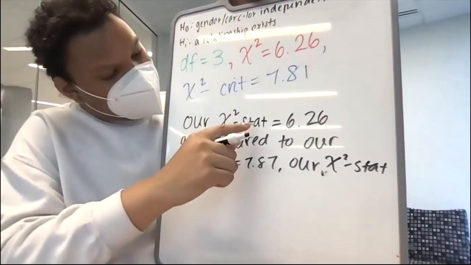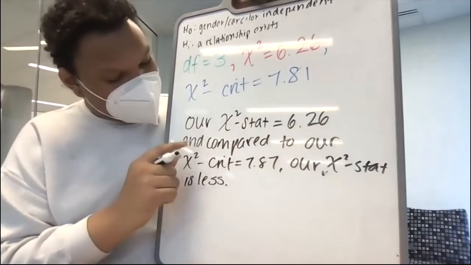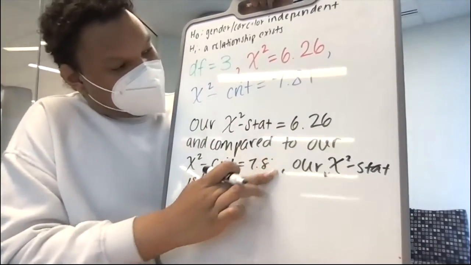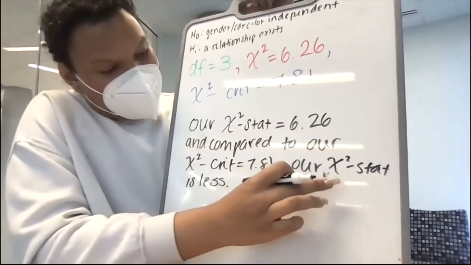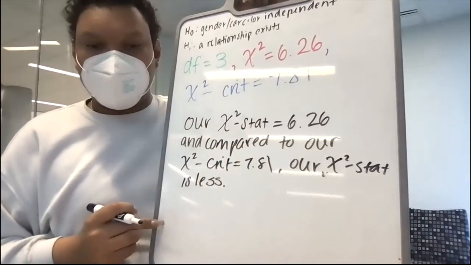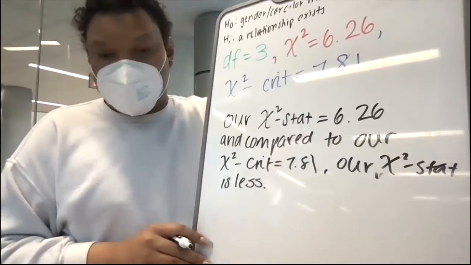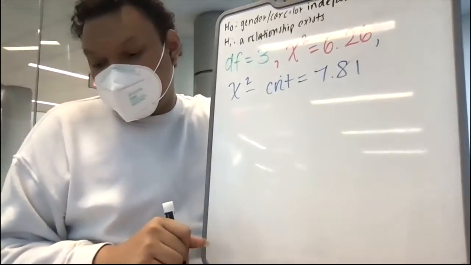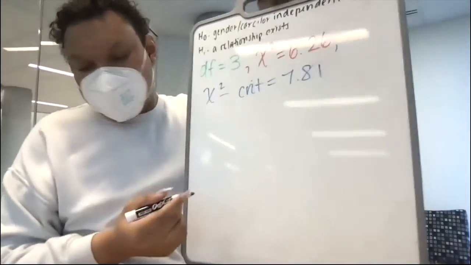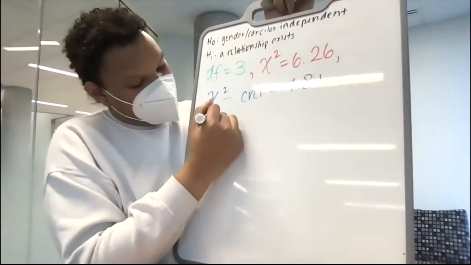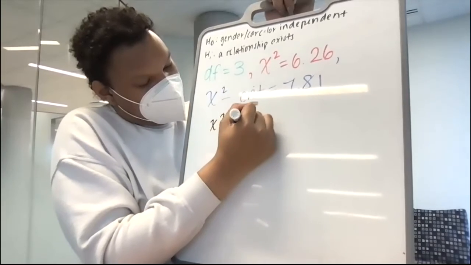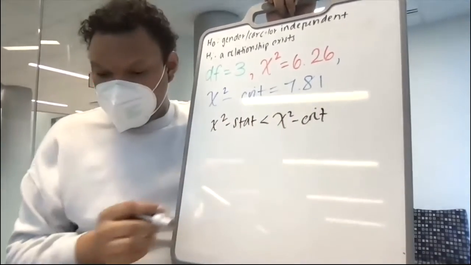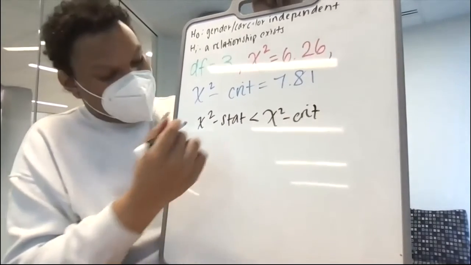Our chi-squared stat is equal to 6.26, and compared to our chi-squared critical of 7.81, our chi-squared stat is less. Now that we know this information, we can make a decision about our hypothesis. Because our chi-squared stat is less than the chi-squared critical, we fail to reject the null hypothesis.